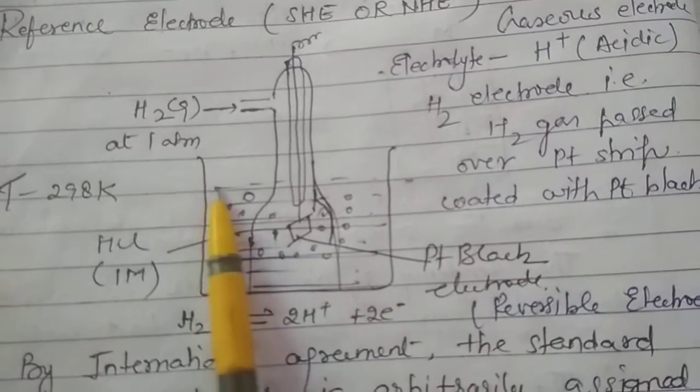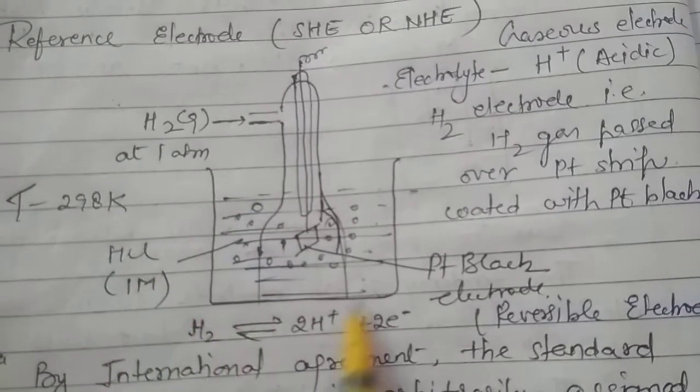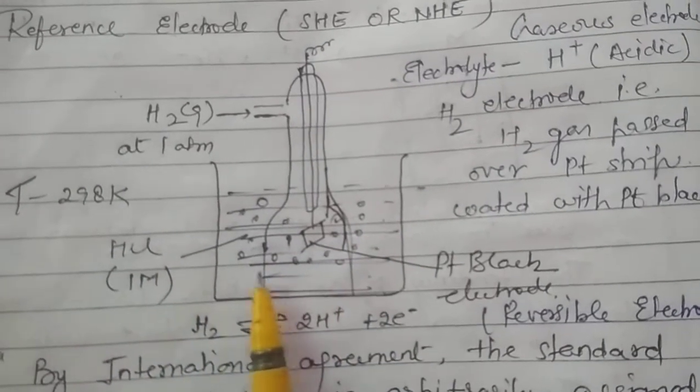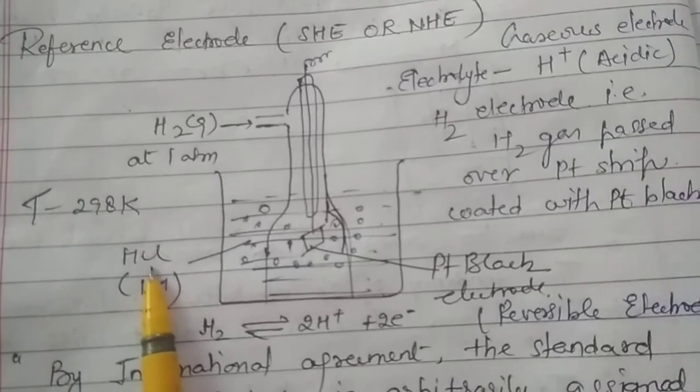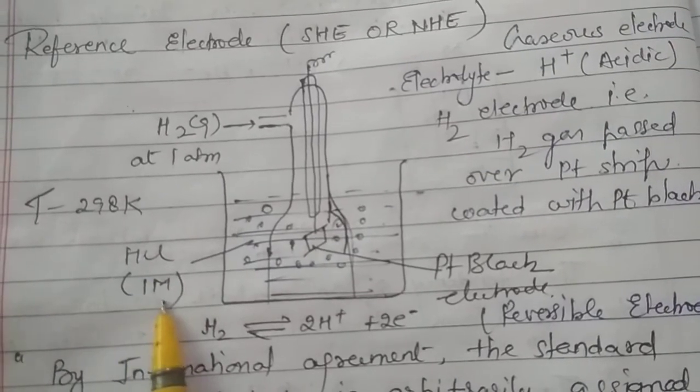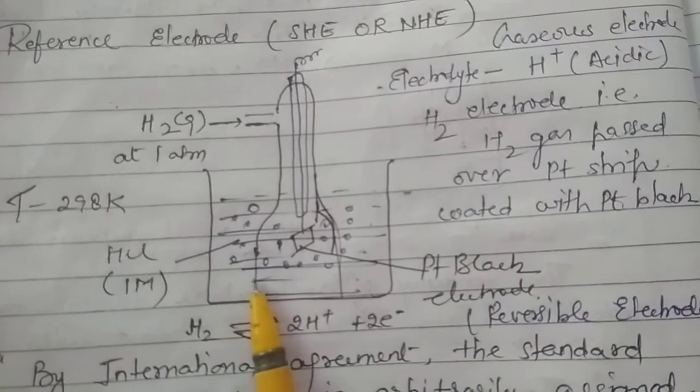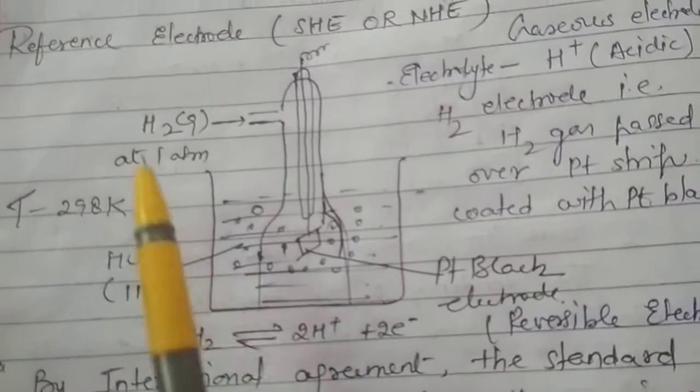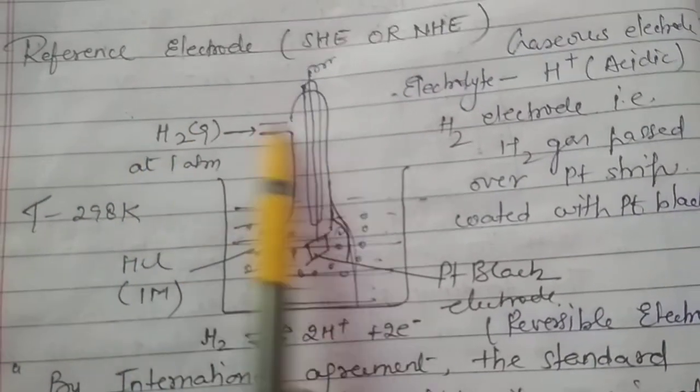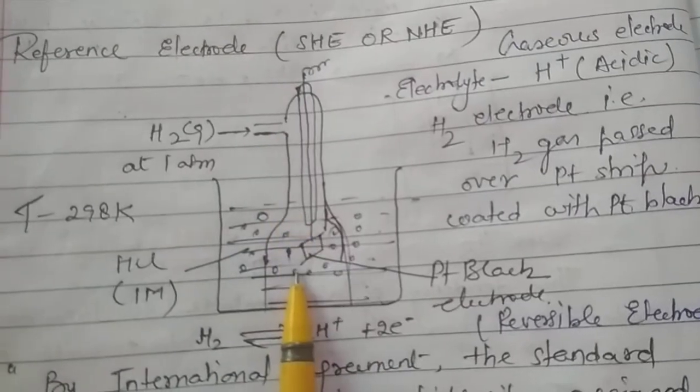So let's see the arrangement, the apparatus, in which we take a container with the electrolyte of HCl. To get the condition standardized, we take a 1 molar concentration of HCl solution. Now we pass hydrogen over a platinum electrode.